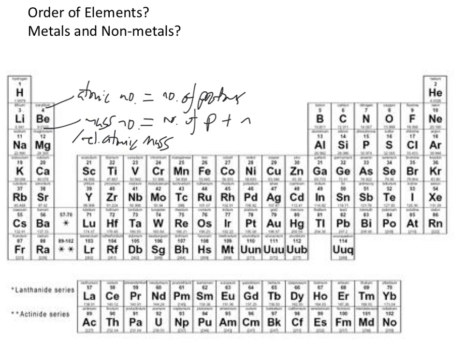But the periodic table is ordered in terms of increasing atomic number. So in other words, as you go from hydrogen to helium to lithium to beryllium to boron to carbon to nitrogen, etc., as you move on one element, the atoms gain an extra proton.